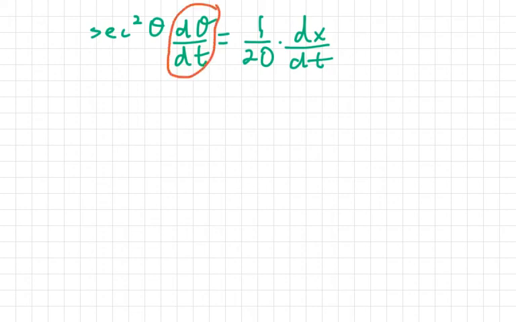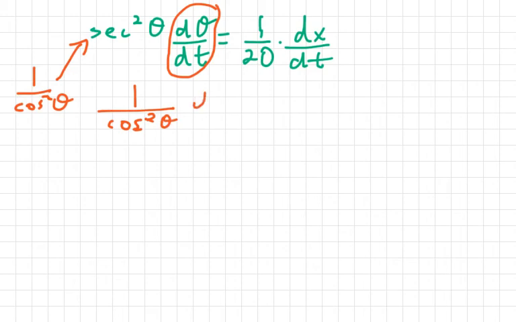This is our goal. Okay, well, I'm going to divide out the secant squared. Well, actually, you know what's maybe even easier? It doesn't really matter. But remember, this is the same as saying 1 over cos squared theta. So I think I'm going to do that instead here. Again, it doesn't matter how you isolate d theta over dt, but this is the way that I think it's easiest.